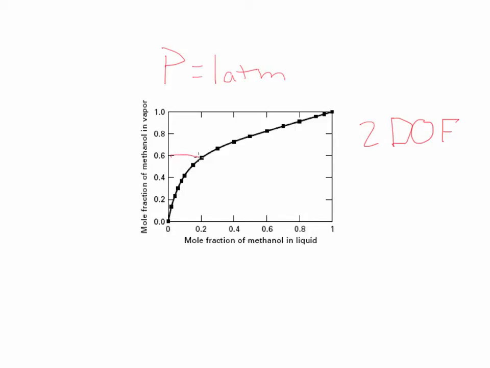We would draw a line across to the plot, and we would find that a 60% vapor composition of methanol corresponds to slightly above 20% in the liquid. Now we know the water composition in the vapor because, again, it's a binary system, so 60% methanol in vapor means 40% water in vapor, and 25% methanol in the liquid means 75% water in the liquid.